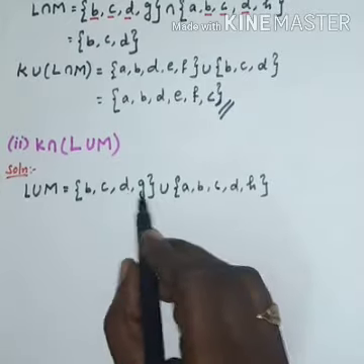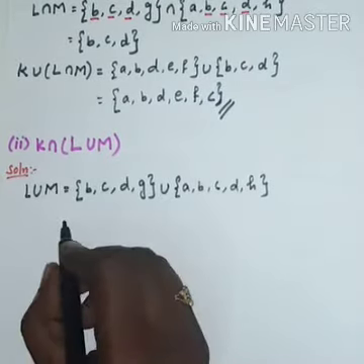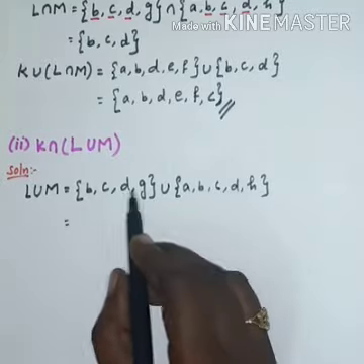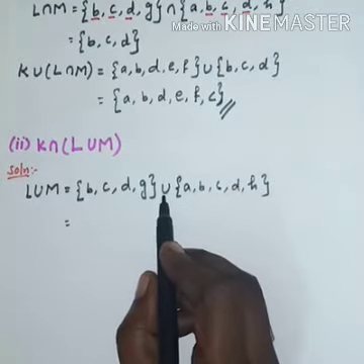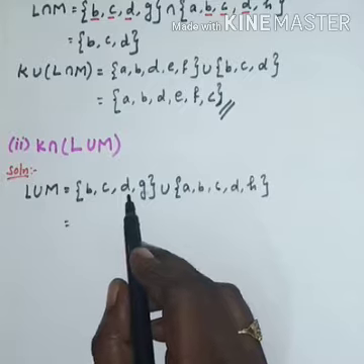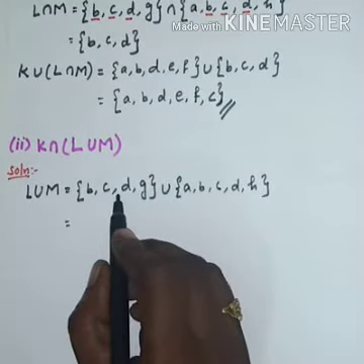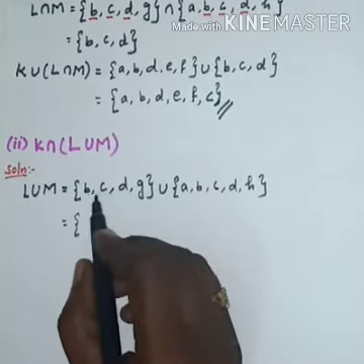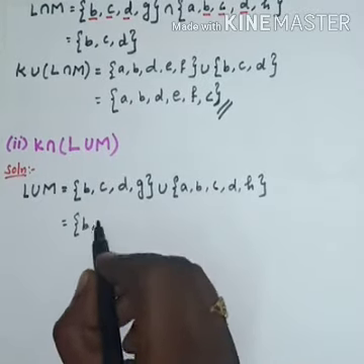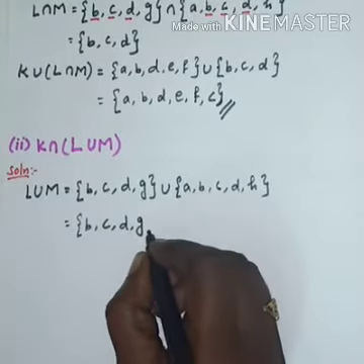So between the two sets we have the union symbol. So we have to combine these two sets together. What is union? I already told you, we have to combine these two sets together. So write the first set fully. What is the first set? B, C, D, G. This is the first set.